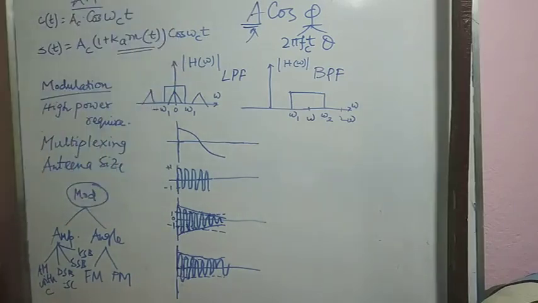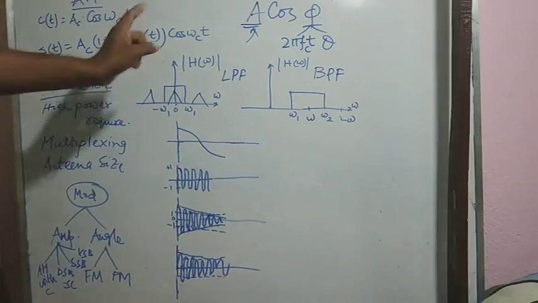Here, some terminologies we should always keep in mind. The signal that we want to actually send is known as message signal or modulating signal or baseband signal. The signal after modulation is called the modulated signal.